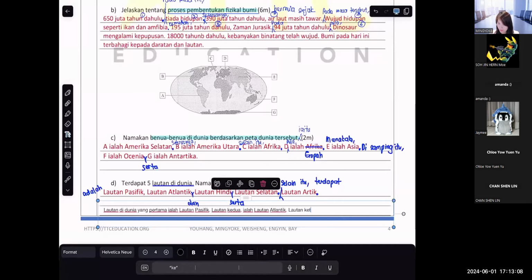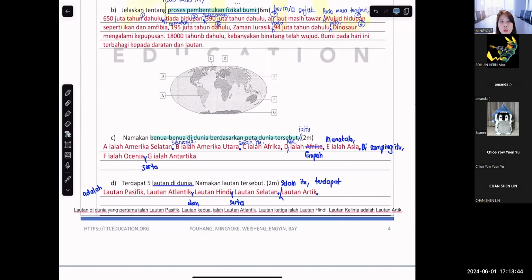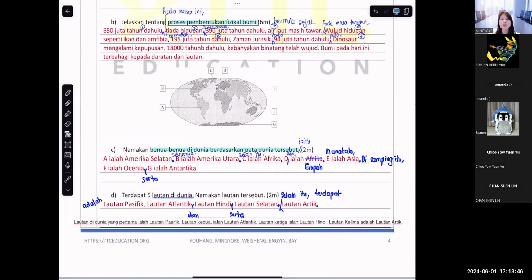Lautan ketiga ialah lautan Hindi. Lautan kelima adalah lautan Artik. Now this also can. Understand? Okay. Done with your page 9.